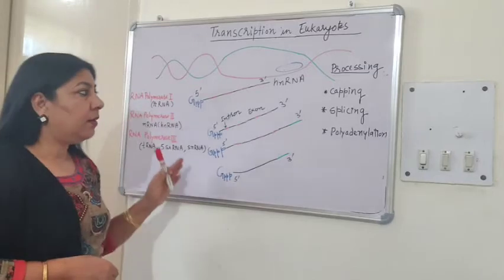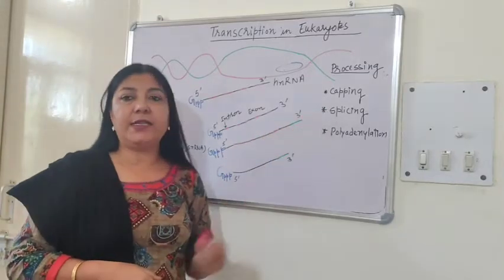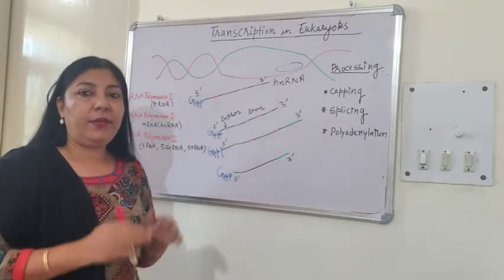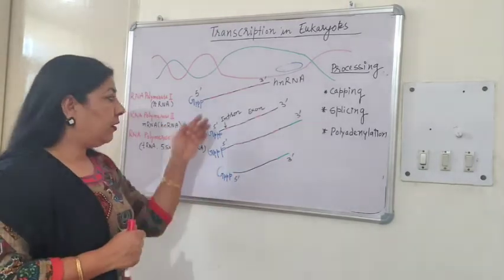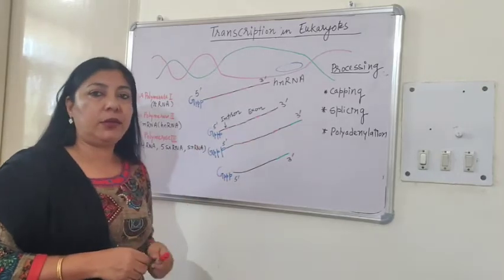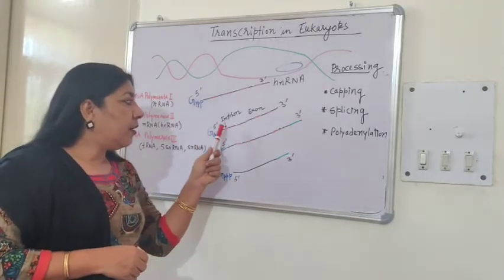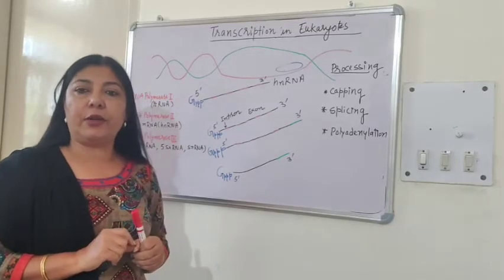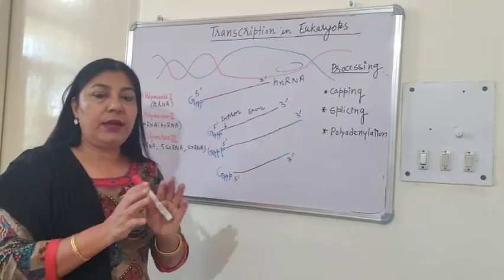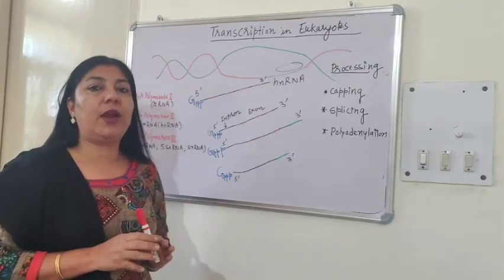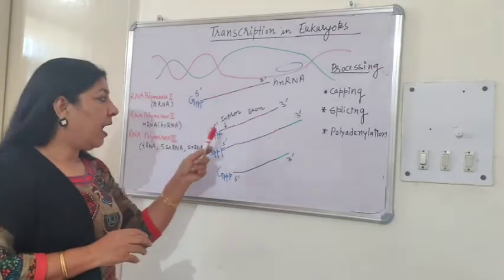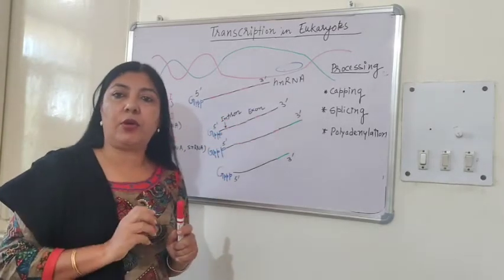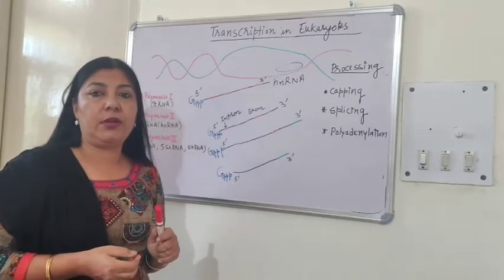After capping, there is splicing. In this hnRNA, there are different parts. You can see black and red parts. These red parts are called introns, which are not meaningful information. They are transcribed, but it is not the information which is required by the cell. And the red part, that is intron, and the black parts are exons, which are meaningful information.